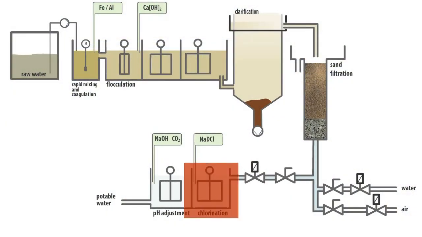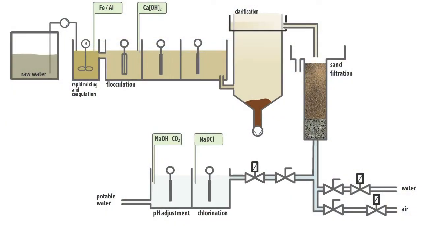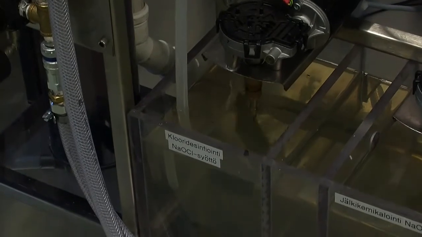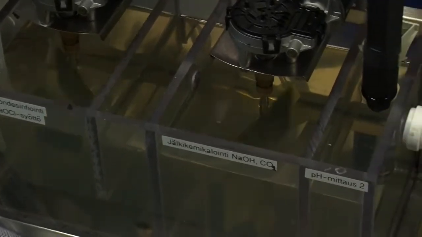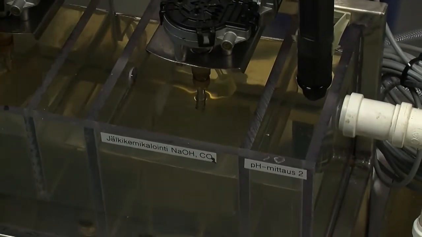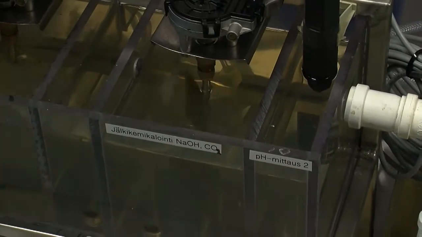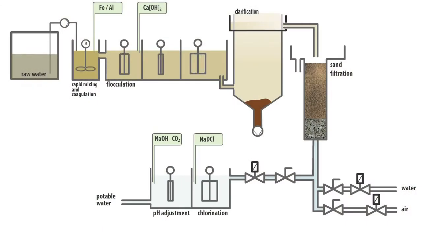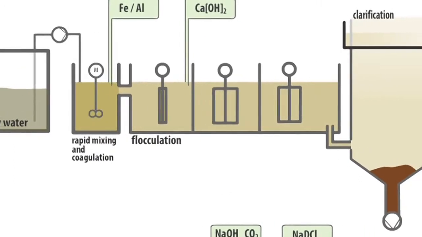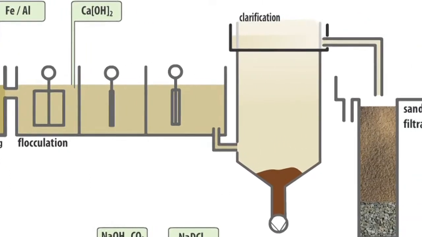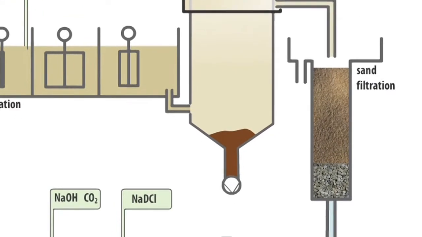After the chlorination stage, the pH value is adjusted by sodium hydroxide and carbon dioxide in order to protect the distribution piping from corrosion. The unit operations and processes demonstrated by our benchtop version are the basic elements in all treatment systems of surface waters.